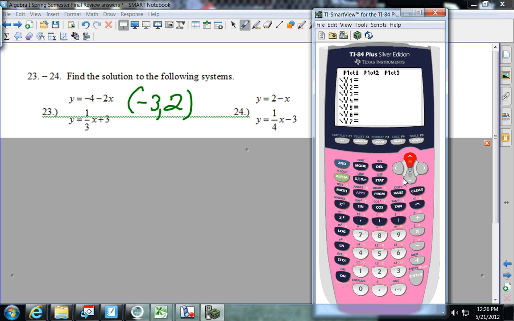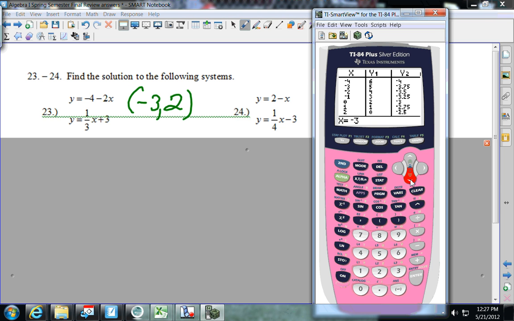Maybe you want to pause the video and try and do it before I do. You go 2 minus x into y1. In y2, 1 divided by 4, x minus 3. Again, you can go into the table and look and see where y1 and y2 are the same.